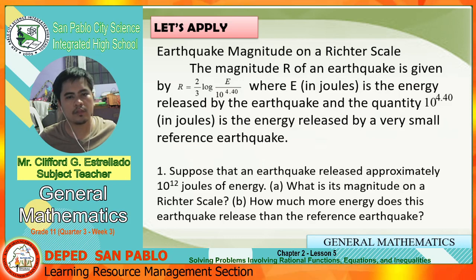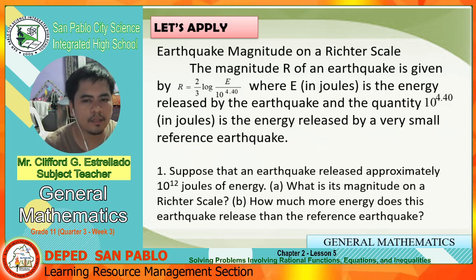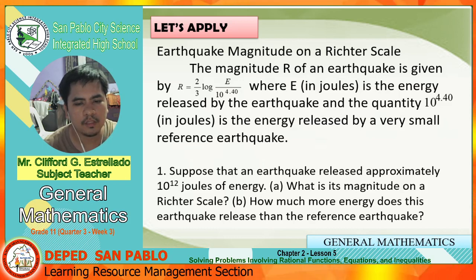This is the energy released by the earthquake, and the quantity 10 raised to 4.40 joules is the energy released by a very small reference earthquake. So, suppose that an earthquake released approximately 10 raised to the 12 power joules of energy. What is its magnitude on a Richter scale? Also, how much more energy does this earthquake release than the reference earthquake? Okay?